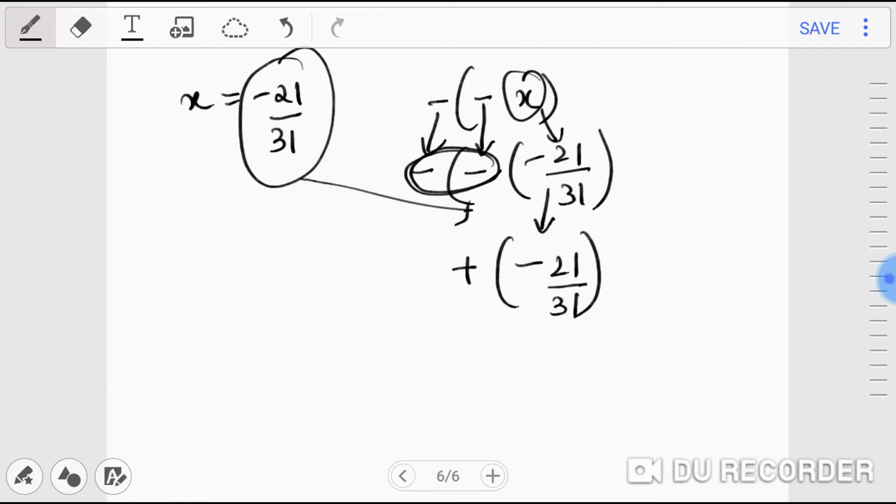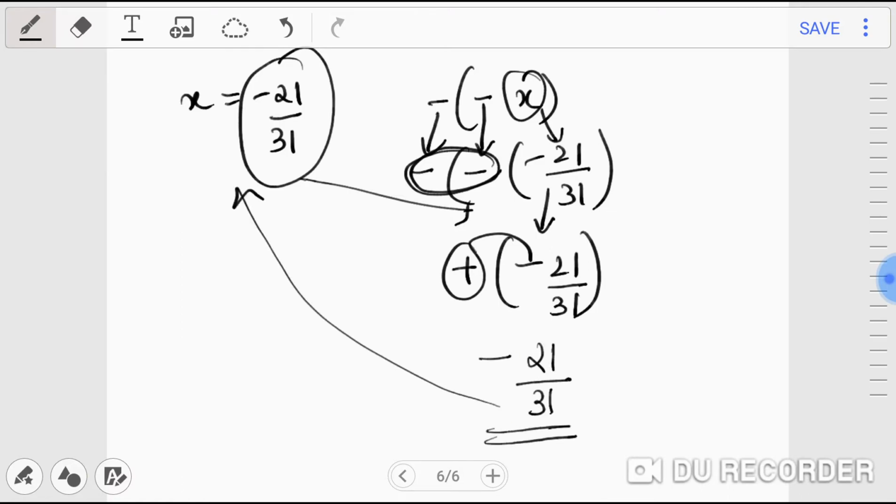You know very well that plus and minus becomes minus, so your answer is minus 21 upon 31. That is exactly what you want. So we can write therefore x is equal to minus minus x. So whatever value is given for x, same value you will get for minus minus x.